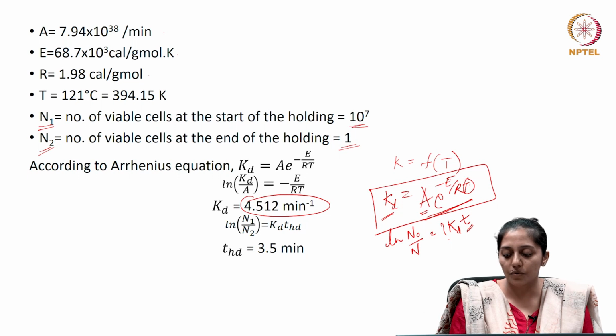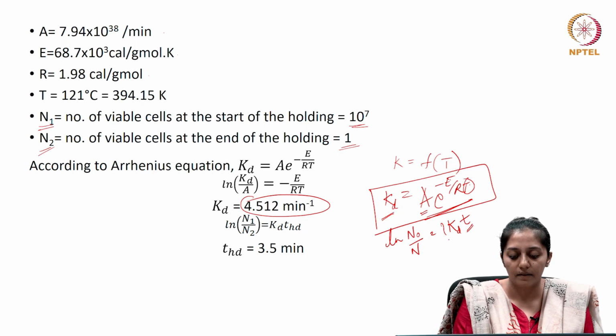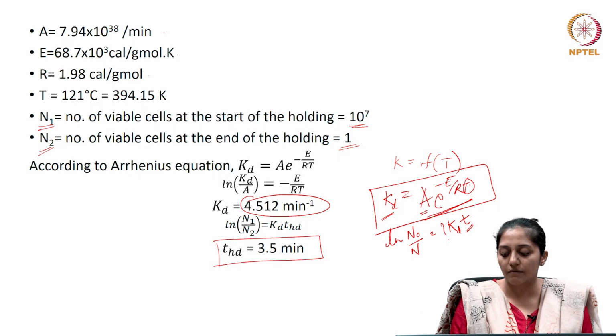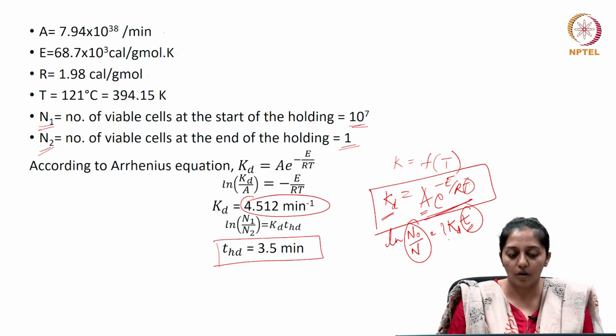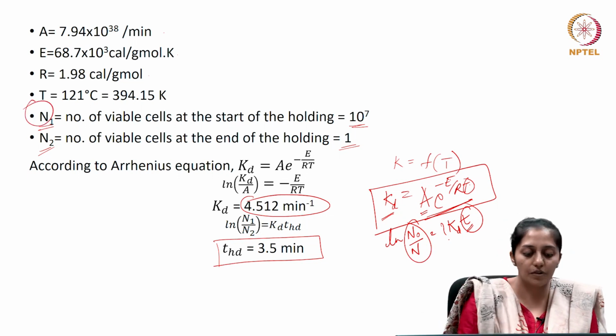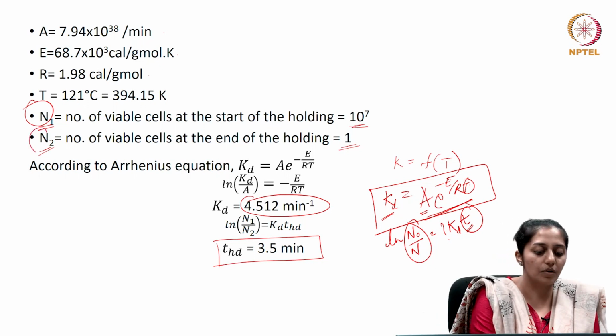Using that value of Kd in the first order degradation kinetics, we can find the time required to reach the desired sterility, where N0 is your N1 as shown here and N is your N2.